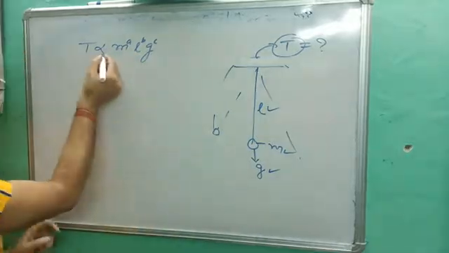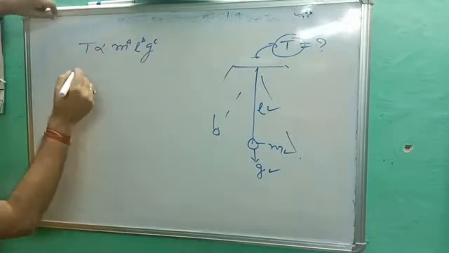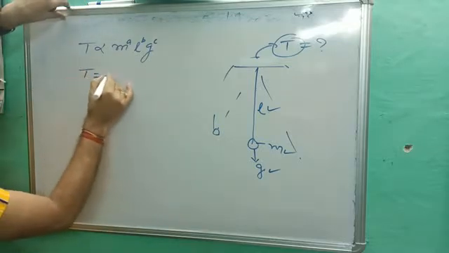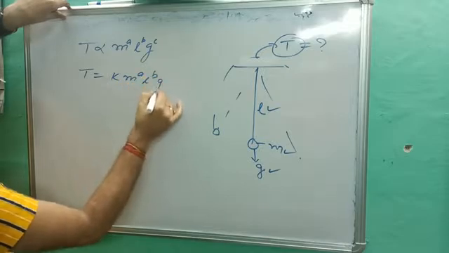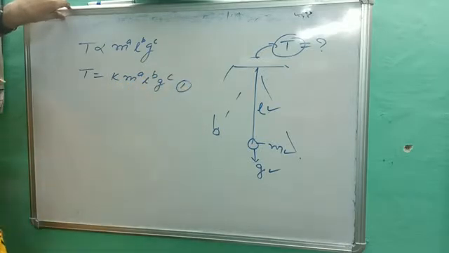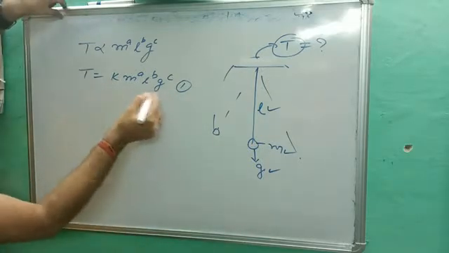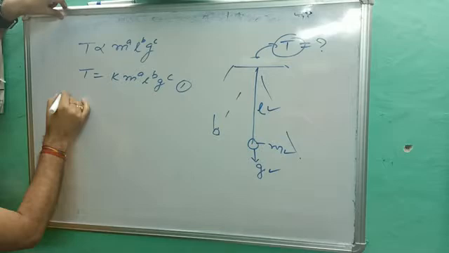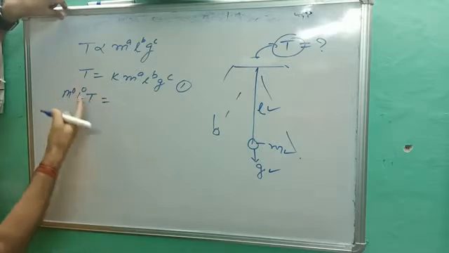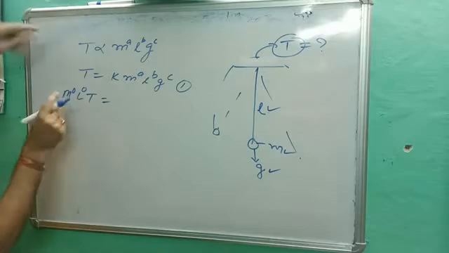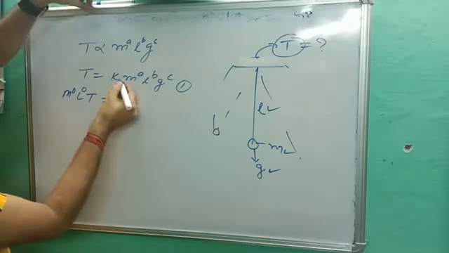Now you remove the proportional sign and put the dimensional formula for all. So the second point: T = k m^a L^b g^c. This is equation number one. Are you getting it? Now put the dimensional formula. T is the time period, so its dimensional formula is T only. We can write systematically M^0 L^0 T. K is not a physical quantity.